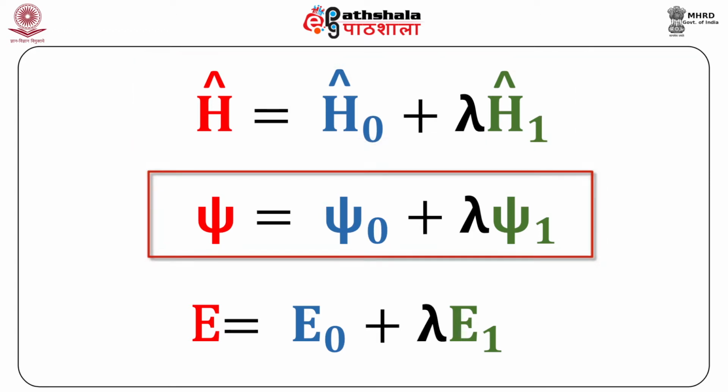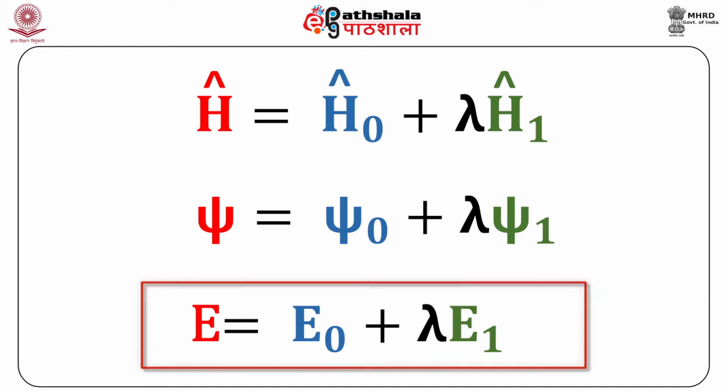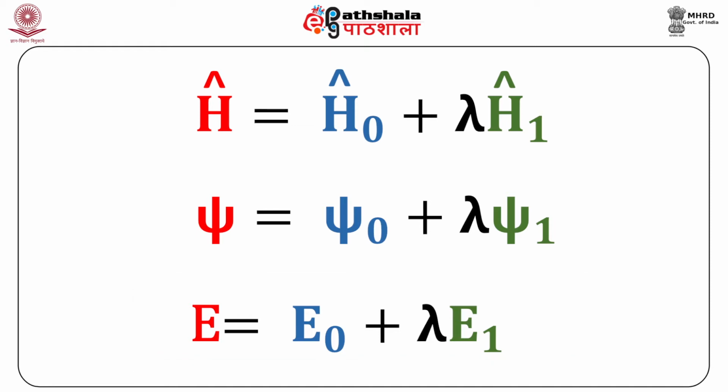Similarly, psi will be equal to psi 0 plus lambda psi 1, and E would be E0 plus lambda E1. You can see here that in these equations we have ignored the second order terms, that means those terms where lambda square was there are not being considered. Therefore, only the first order correction to the perturbation theory is taken.